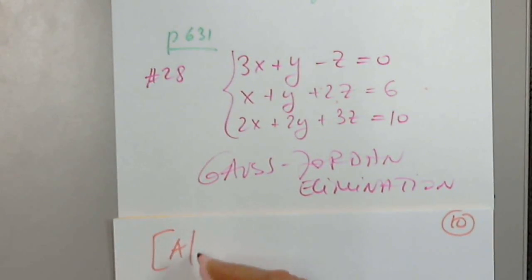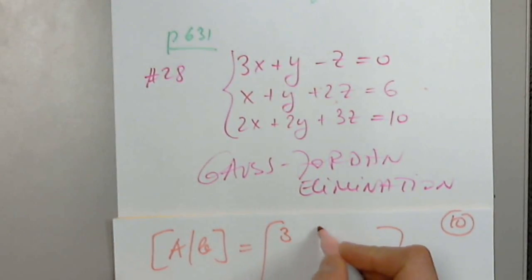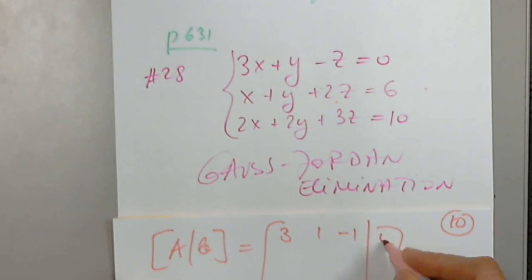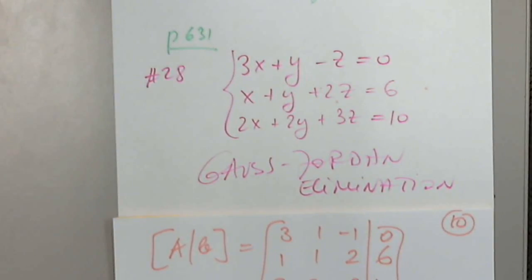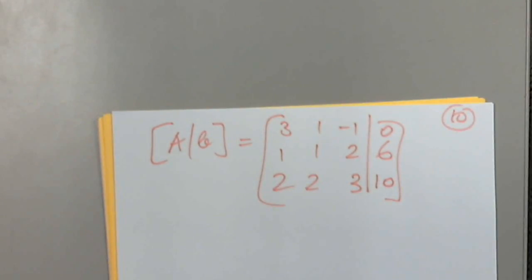So I need A, B. 3, 1, negative 1, 0. 1, 1, 2, 6. Perfect. 2, 2, 3, 10. Perfect. This is indeed the first step. Any questions on the first step?